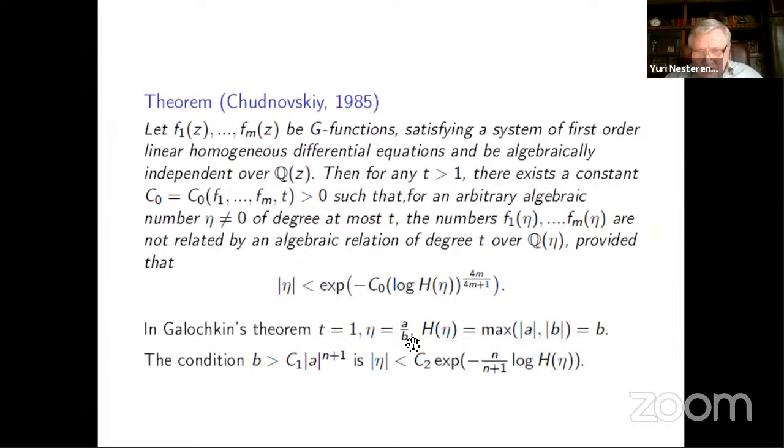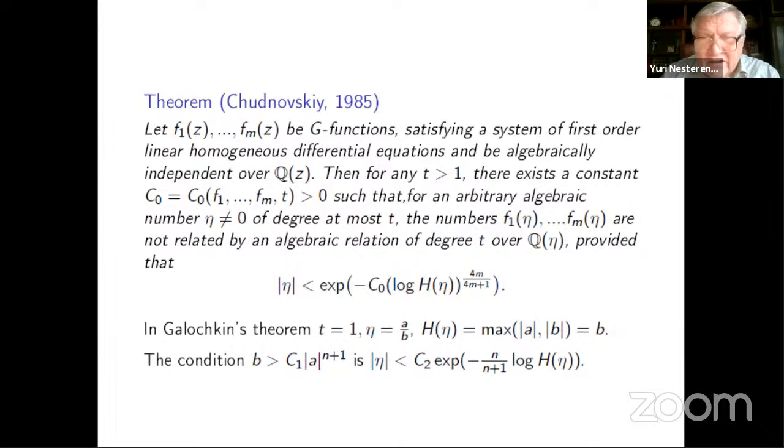Since the point is very small, this maximum should be equal to b, and this condition can be written in this form in the Galochkin case, and this is the formulation of the same condition in Chudnovsky notations. So this is almost the same for t equals 1. So both types of results are very poor in the linear and polynomial cases.